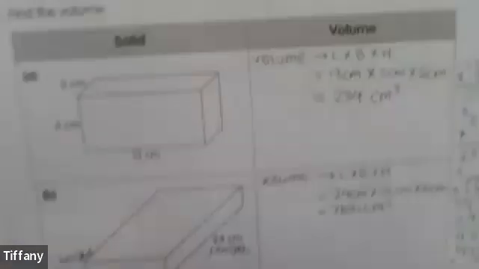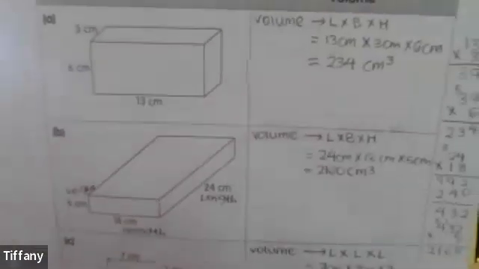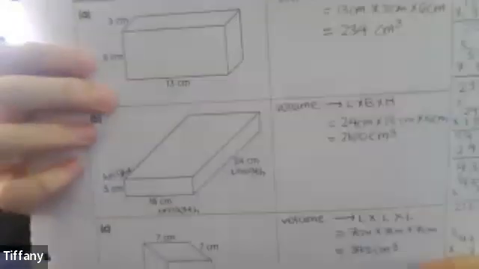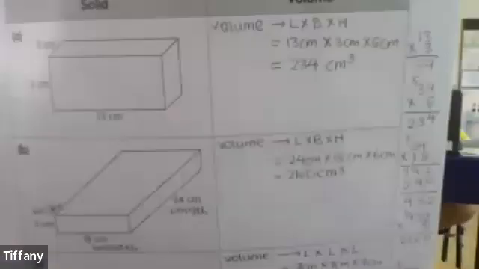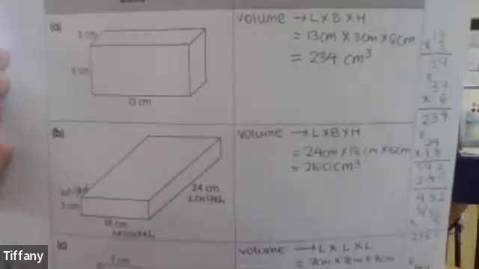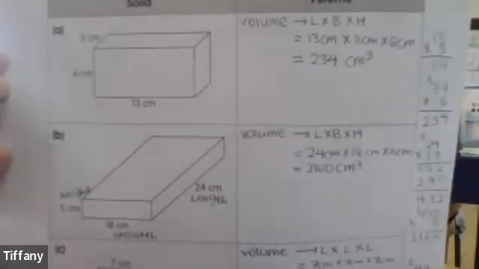Let me take a look at another person's answer. Show us your answer for B, page 147. Okay, according to what she wrote here, 24 centimeters times 18 centimeters times 5 centimeters. Let's check the calculations. At the side, 24 times 18: 4 times 8 is 32, 2 times 8 is 16.